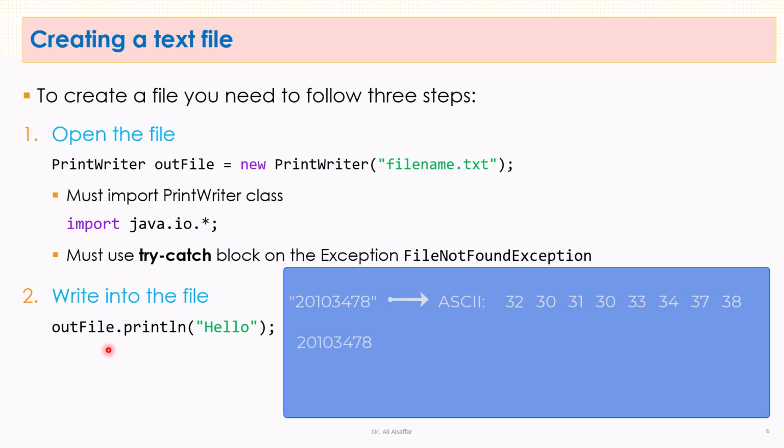But if you want to save the number into the file as an integer, not as a string, then you need to save it in binary. First, you have to convert it into binary, and you know that integers need 4 bytes in memory. So for our student ID, the number 20103478, when it is converted into binary in 4 bytes, will be equal to 0132C136 in hexadecimal.